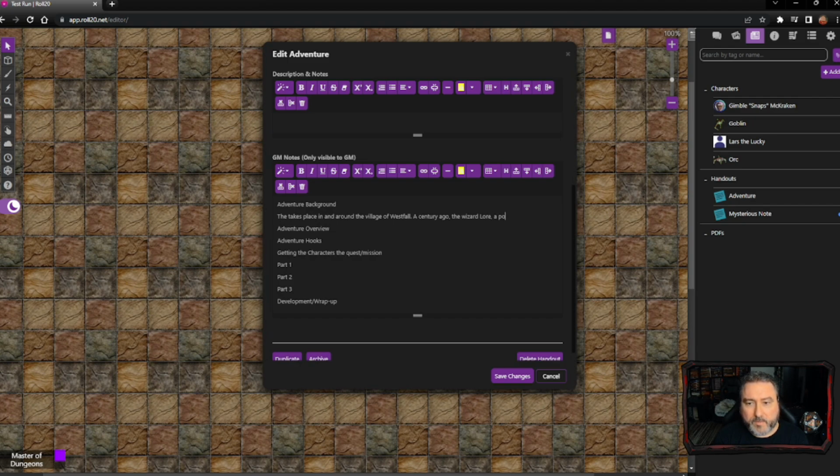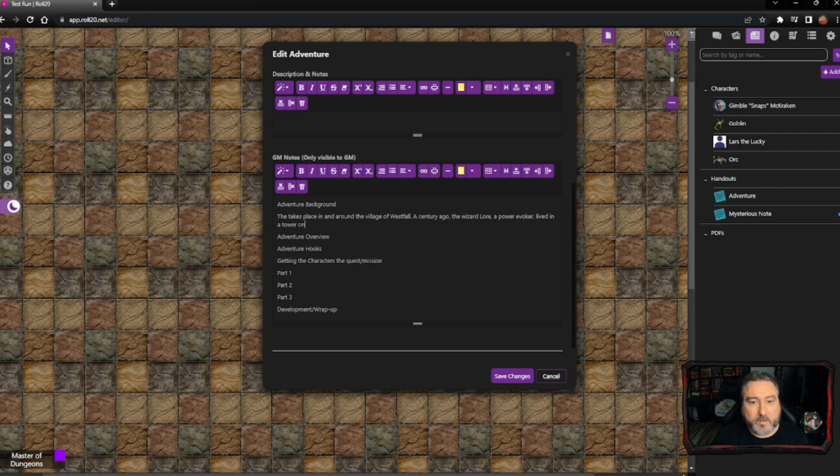A powerful evoker. Lived in a tower on the outskirts of the village.